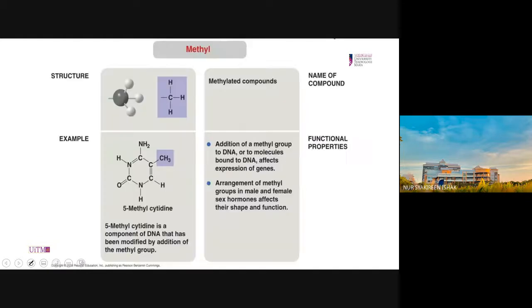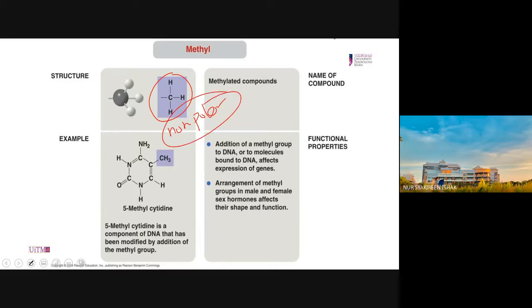Last one is a methyl group, a methylated compound. The formula is CH3 here. Methyl is a non-polar functional group.